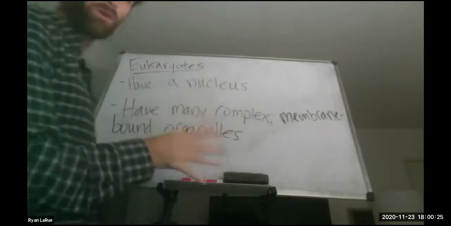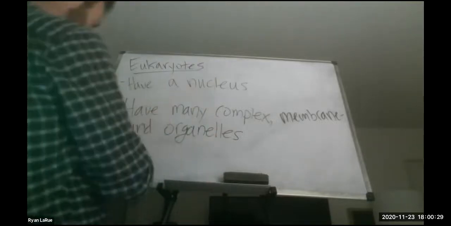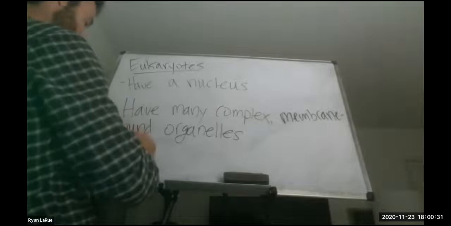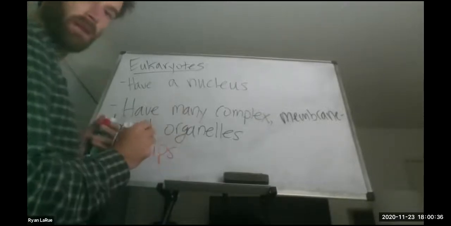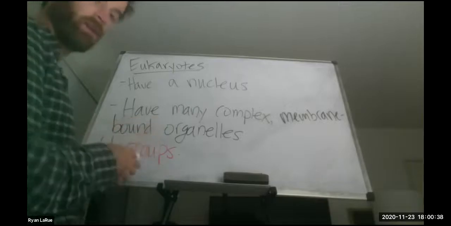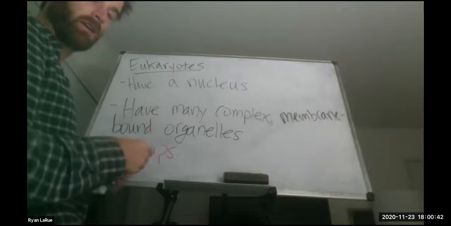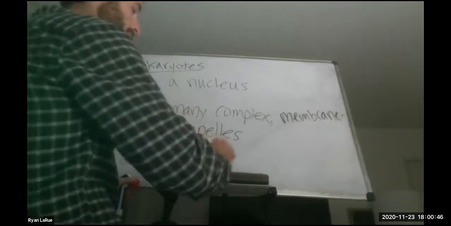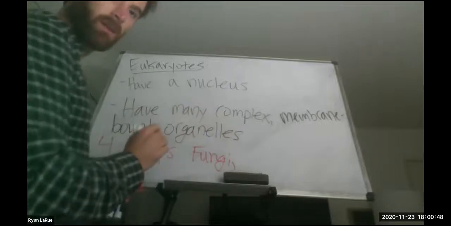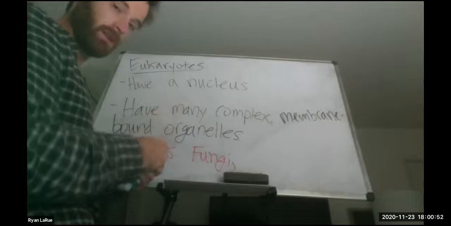And the four groups of eukaryotes, what are they? Just as a recall from last lecture. Just rattle them off for me. Fungi, totally. Fungi are all eukaryotes. Not bacteria. Bacteria are prokaryotes.